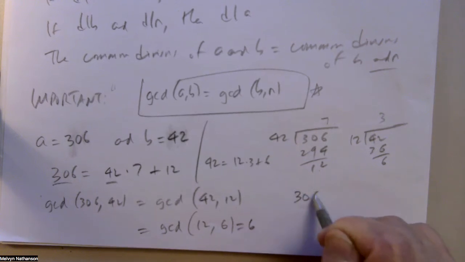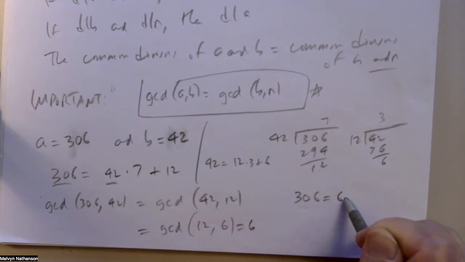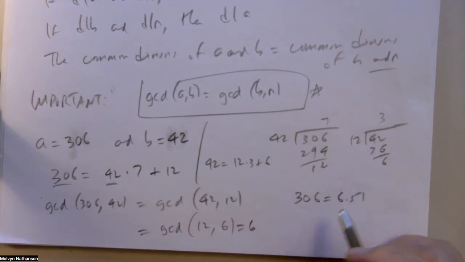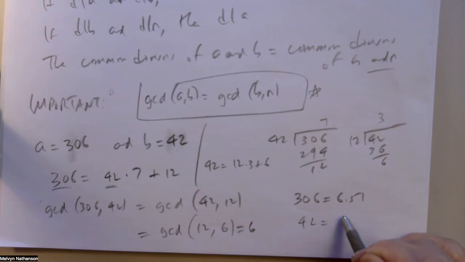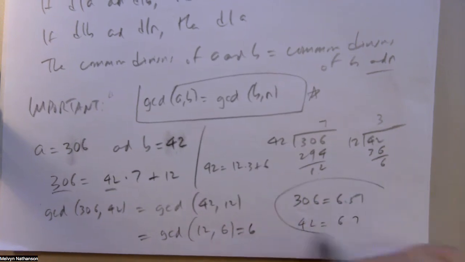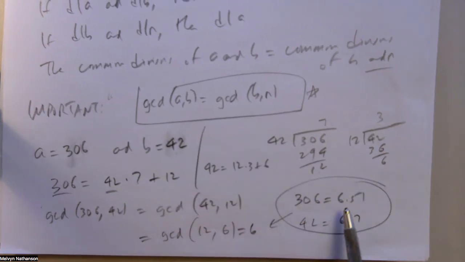And in fact, 306 is 6 times 51, and 42 is 6 times 7. So 6 is a common divisor of these two integers, and in fact, this is the greatest common divisor.